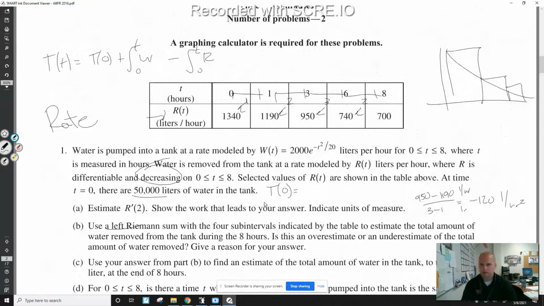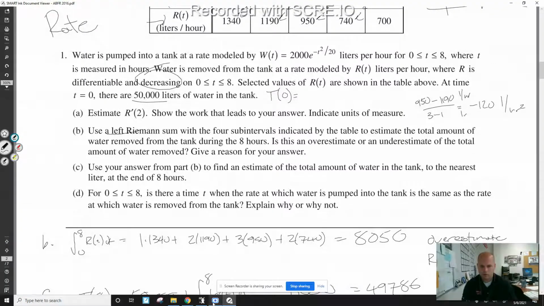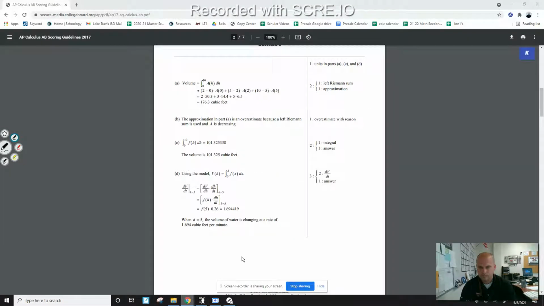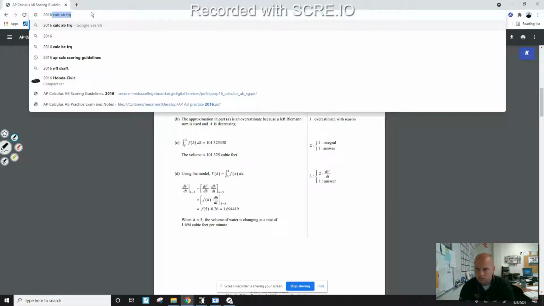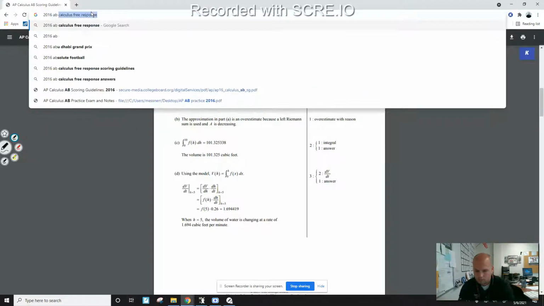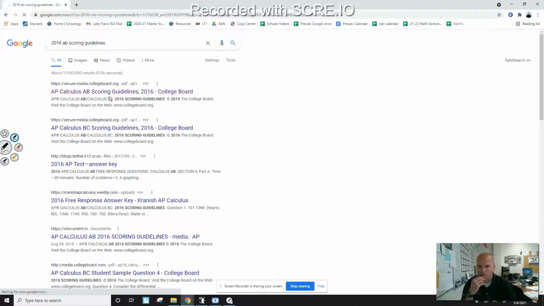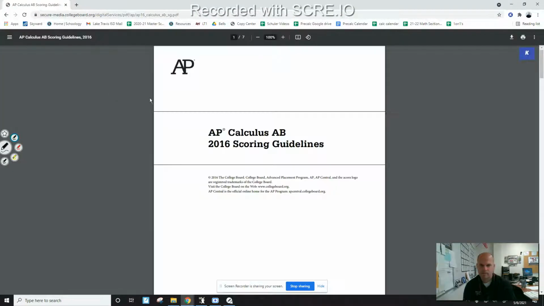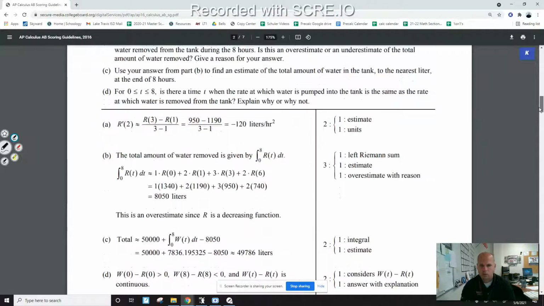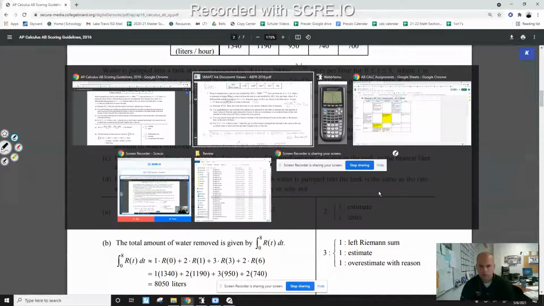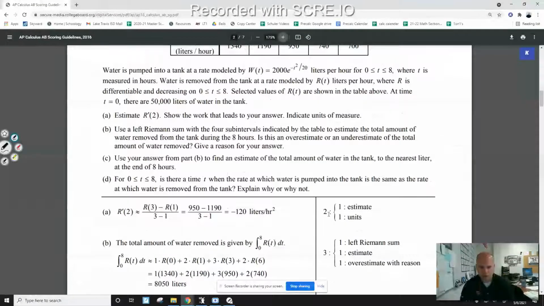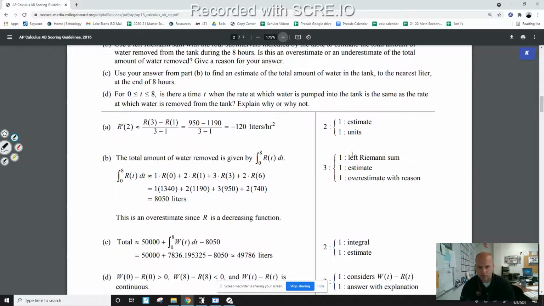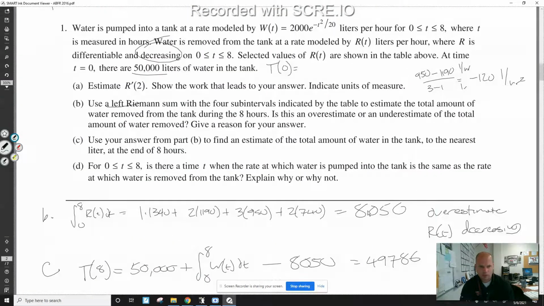All right, let's see how we did. This is 2016. Number 1: negative 120 liters per hour squared. Estimate with units, 2 points. Left Riemann sum estimate, overestimate with reason: 80/50, which gives us the 2 points, overestimate because R is decreasing.